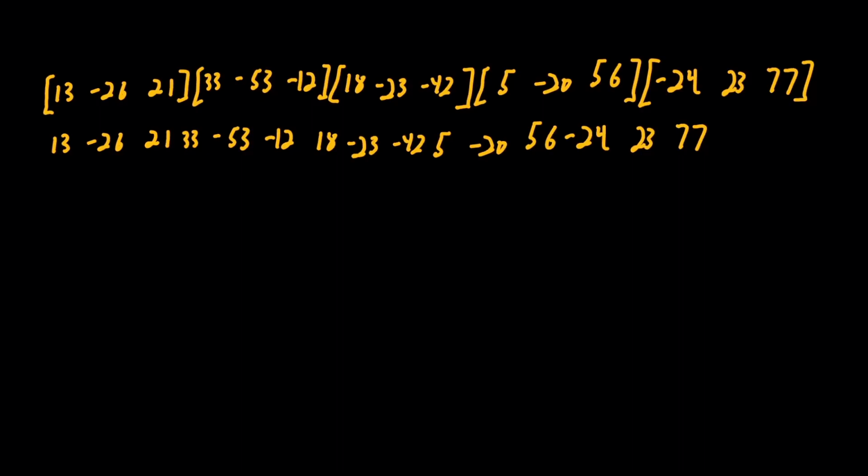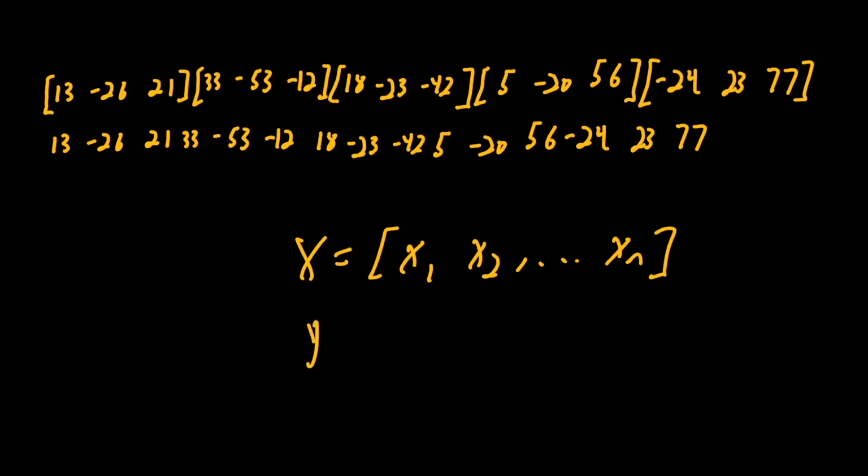So that just means that if we have x, and it was equal to x1, x2, and so on for however many terms there are, if that was an encoded 1 by n matrix where you can have as many columns as it wants, then the following equation, y equals xA, is the corresponding encoded matrix.